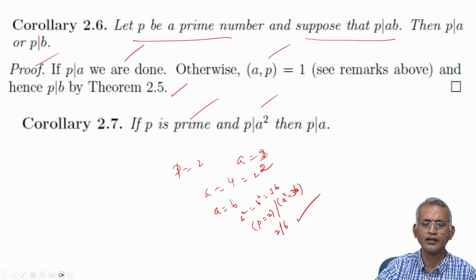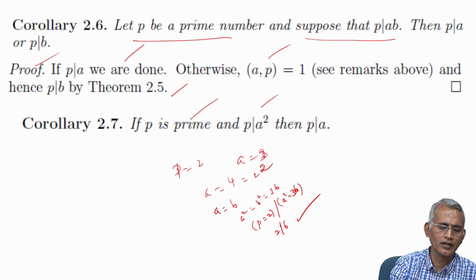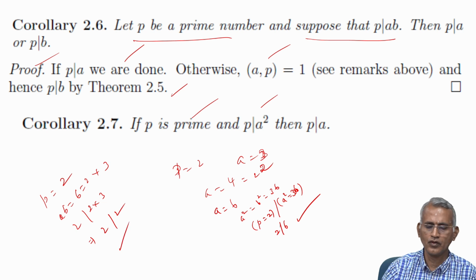So, like that the possibilities of this are true. What you can infer: if p equal to 2, suppose that ab equal to 6, that is 2 into 3, then 2 divides 2 into 3 implies 2 divides 2. So, this is also true.